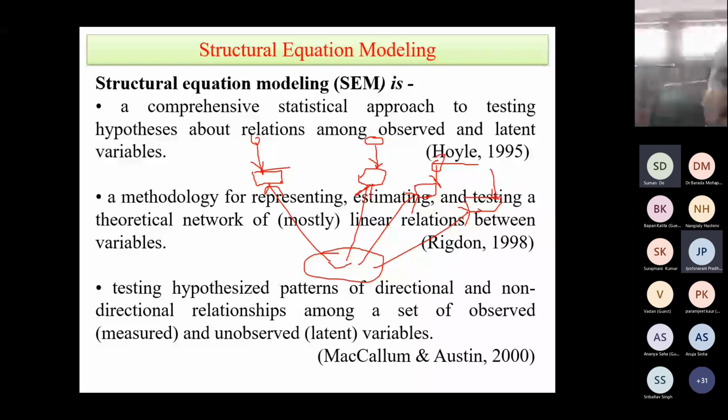Then what Rigdon said is that it is a methodology for representing, estimating, and testing the theoretical framework, which I said in the first class. Structural equation modeling, or CFA, is nothing but testing your existing theory. Now, most of the time scholars ask, sir, if we are testing the theory, how do we do something different to be eligible for a doctoral degree?